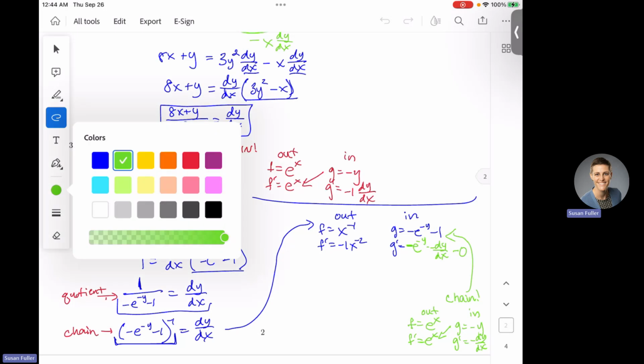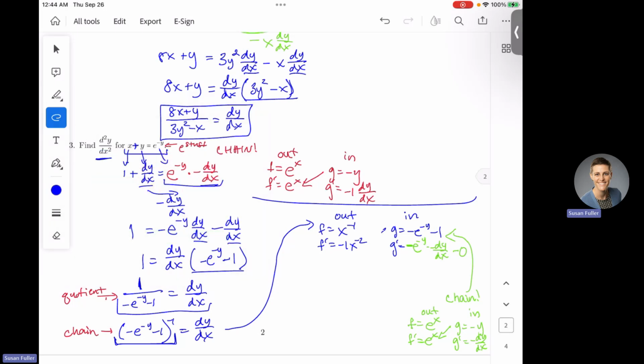And now that we've done this chain rule inside a chain rule, I can finish the overall chain rule over here. And I'm going to get negative 1 times x, but I'm plugging my g in for my x, right? I'm plugging g into f prime. So instead of x, I'm going to write negative e to the negative y minus 1 to the negative 2. That's my f prime of g of x.